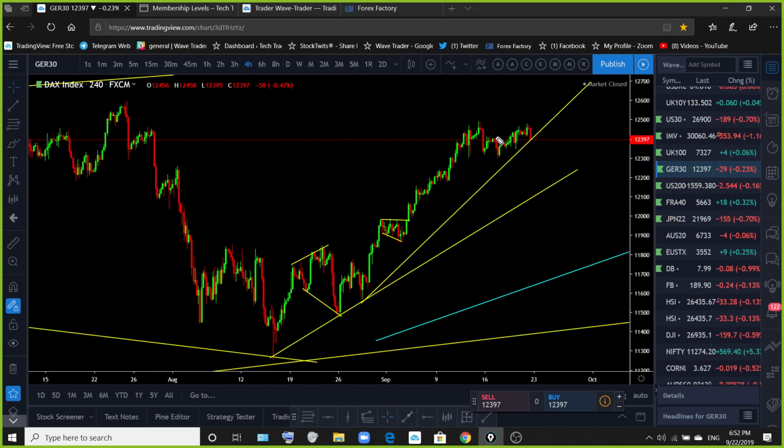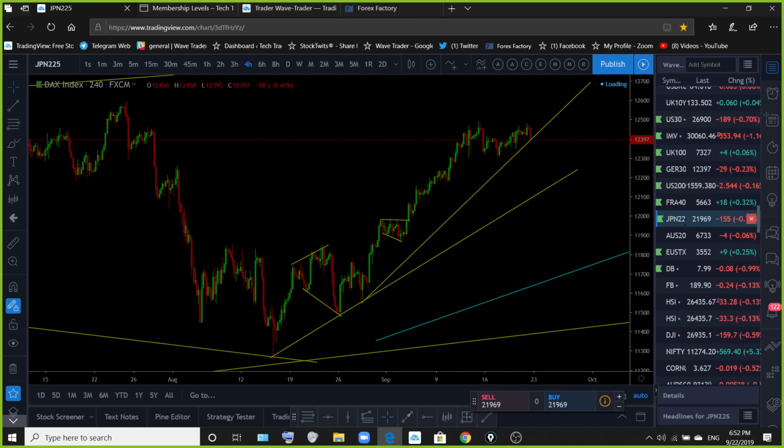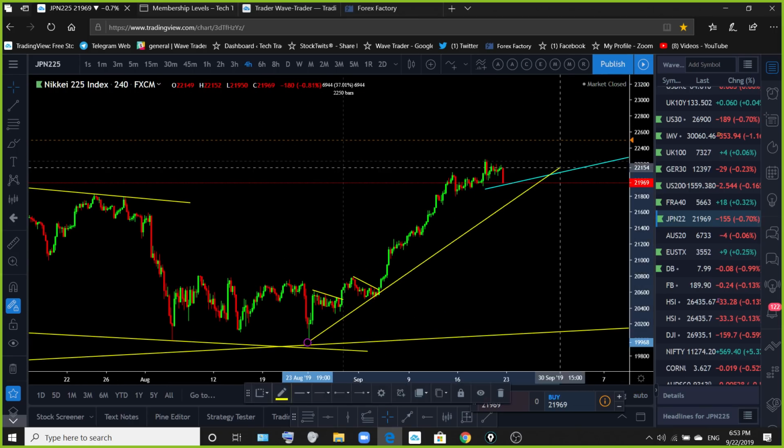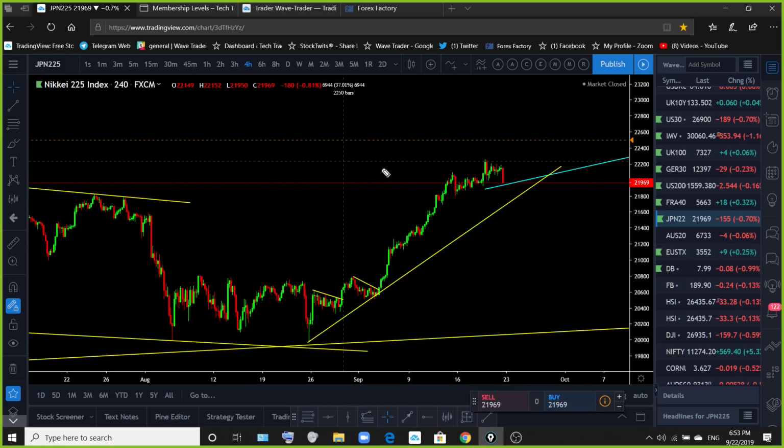Okay, German 30, German DAX, to keep pushing higher. So continuation, similar to the UK 100 index, and test the previous high. And Nikkei, similar to the US major averages, the US indexes.